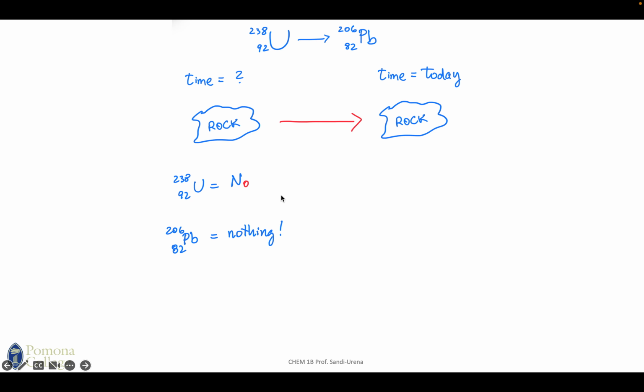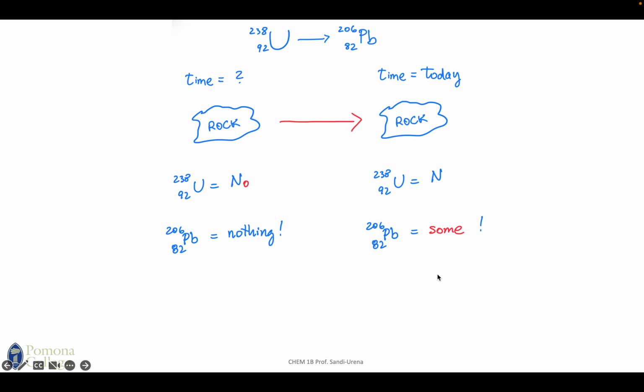As time passed, some of that uranium reacted, it decomposed. So at time today, we're going to have a number of uranium-238 nuclides that's going to be smaller, and we're going to call that N. And now, since uranium decomposed, we're going to have some lead present, lead-206. So uranium N sub 0 at the beginning, N today, lead nothing at the beginning, some today.